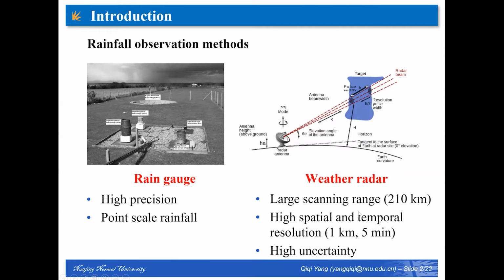However, weather radar provides rainfall scans for a large area. The weather radar features a high spatial and temporal resolution, but it also suffers from its relatively high uncertainty.